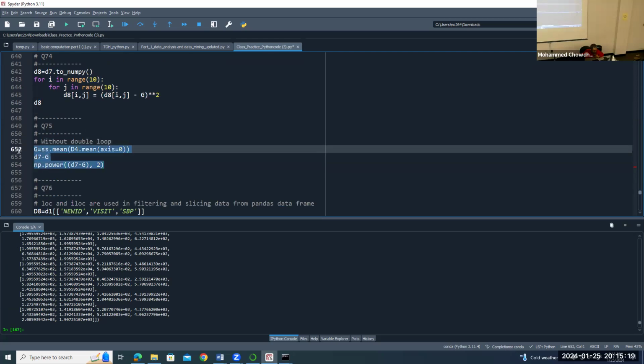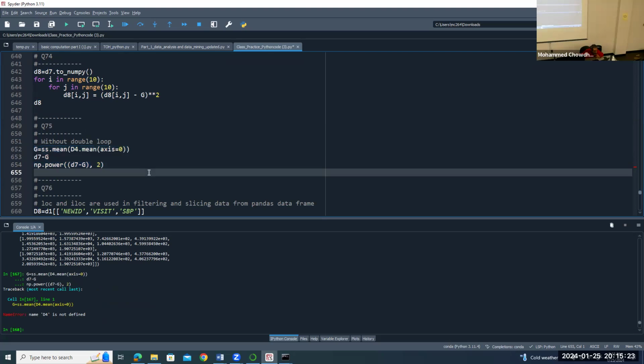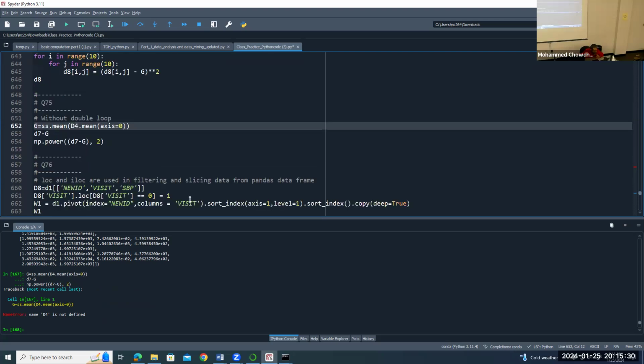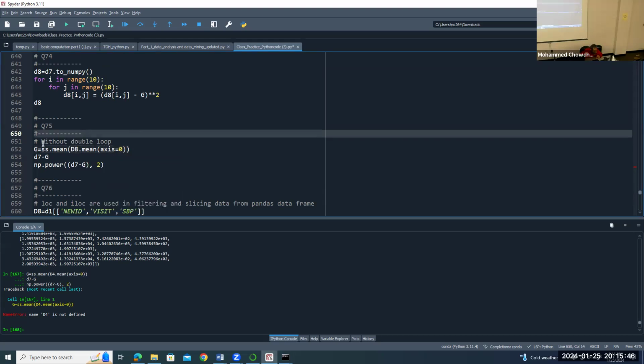So this is the one without double loop. D4 is not defined. I can make it here D8. It's all right. So if I change it to D8, it will work maybe.